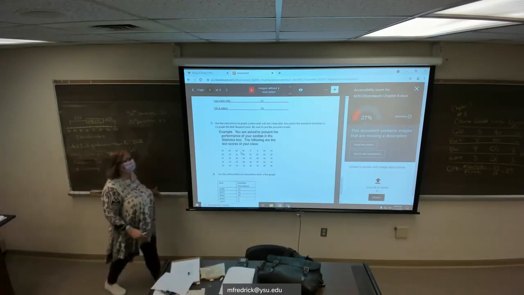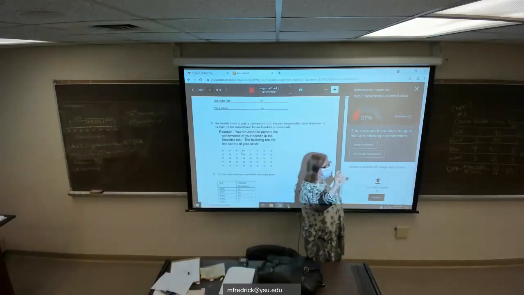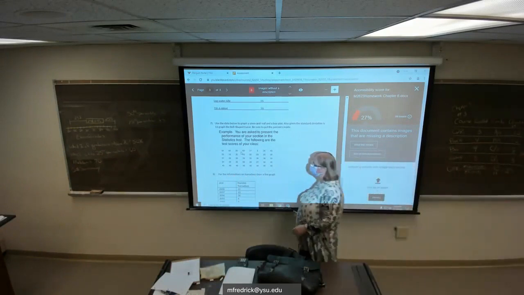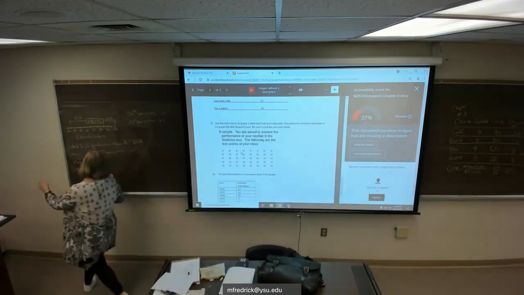A 5-number summary. Every vertical line up there, there's 5 of them. The smallest value, lower quartile, upper quartile.